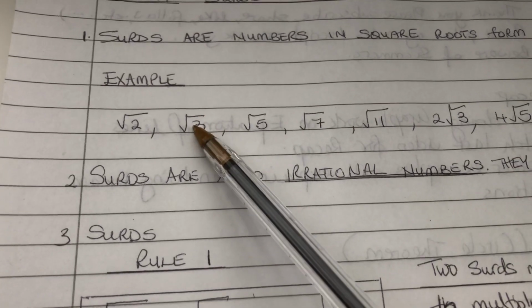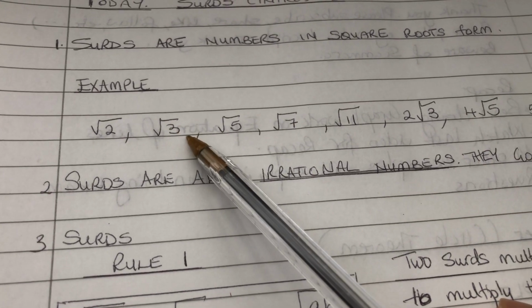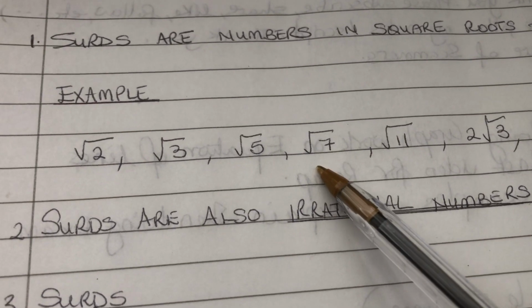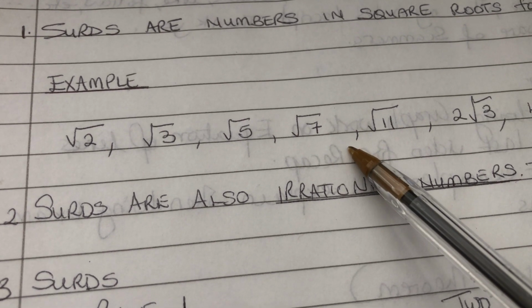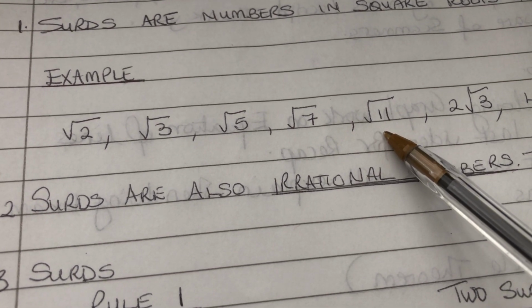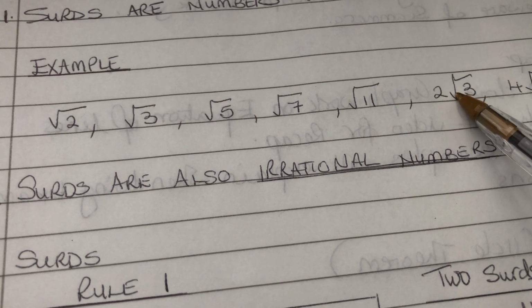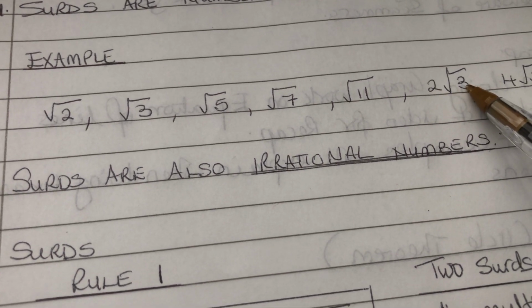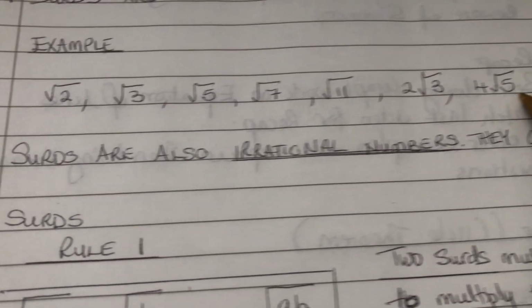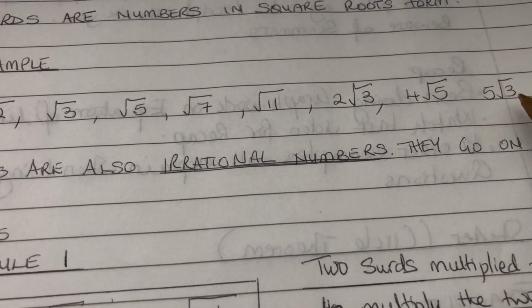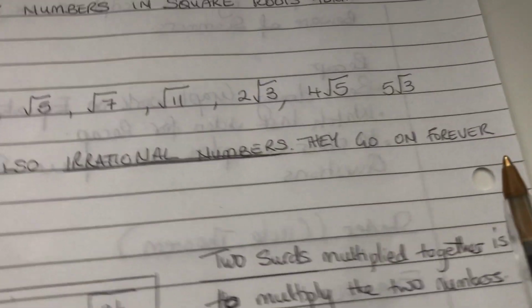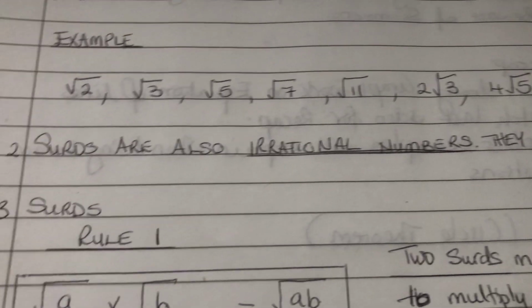So for example, square root of 2, root 3, root 5, root 7, root 11, root 13, 2 root 3, 4 root 5, 5 root 3, etc. All these are surds.